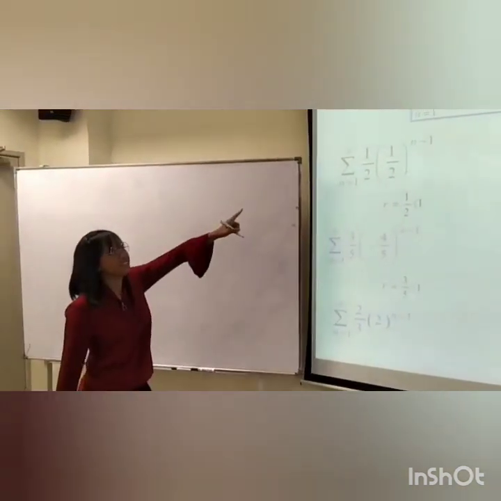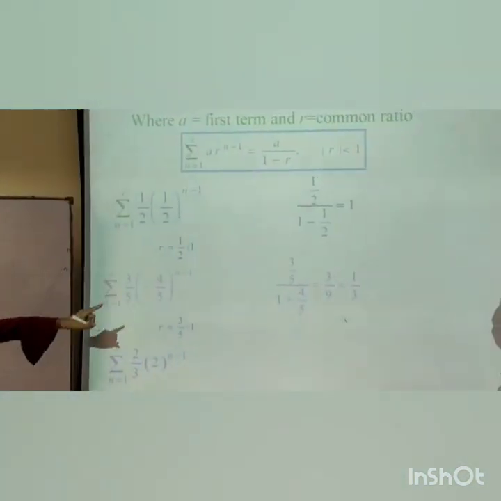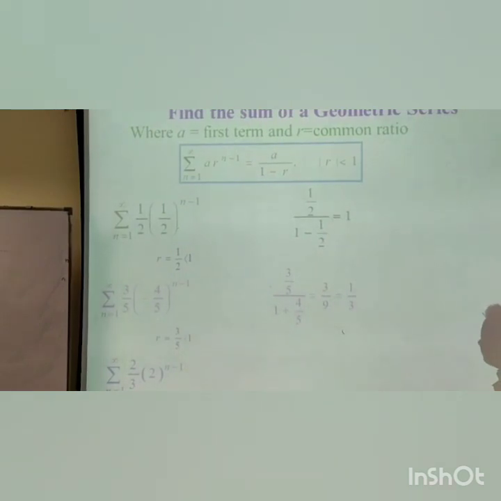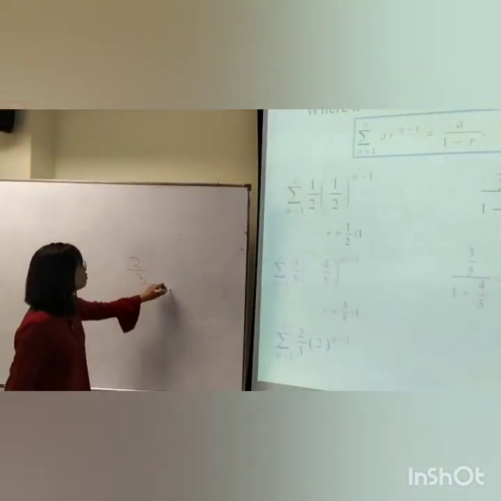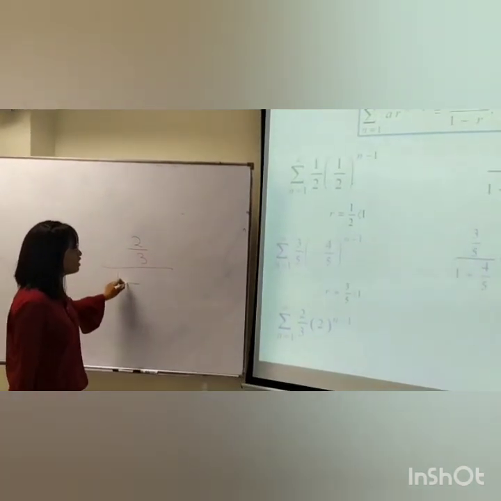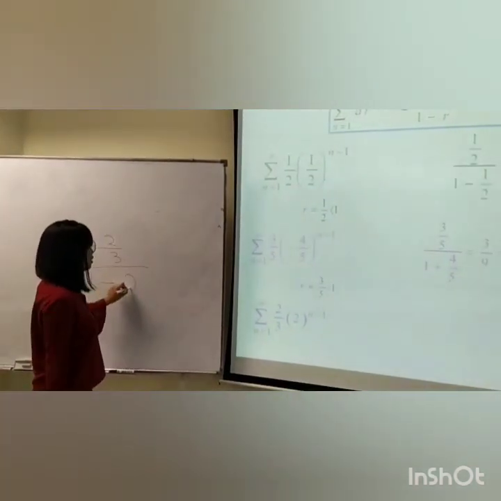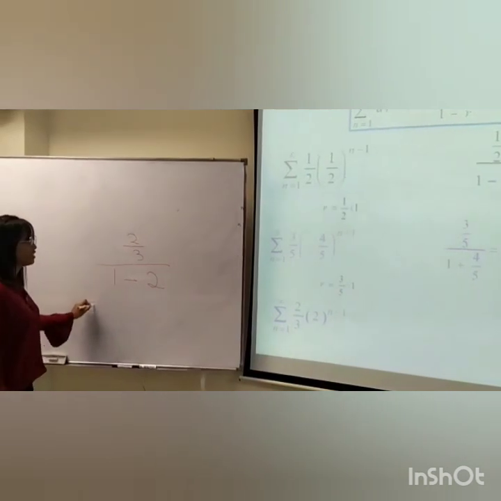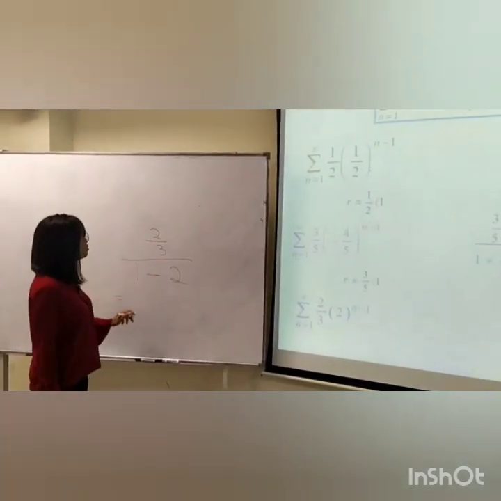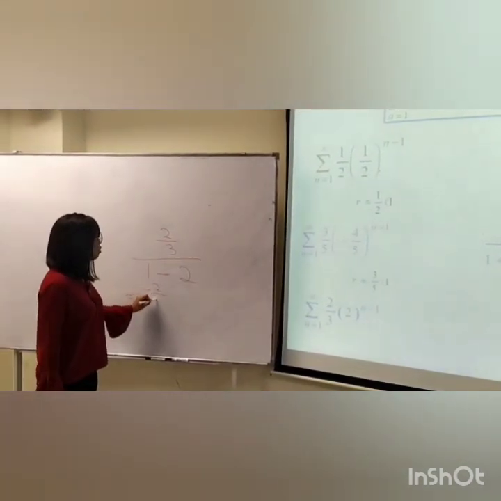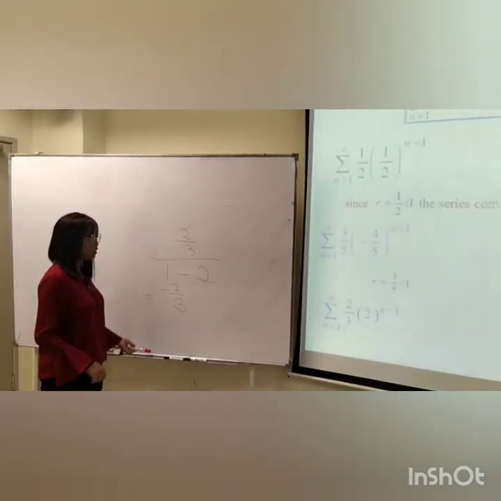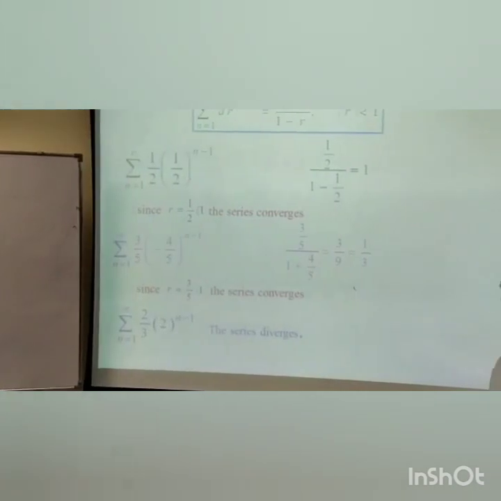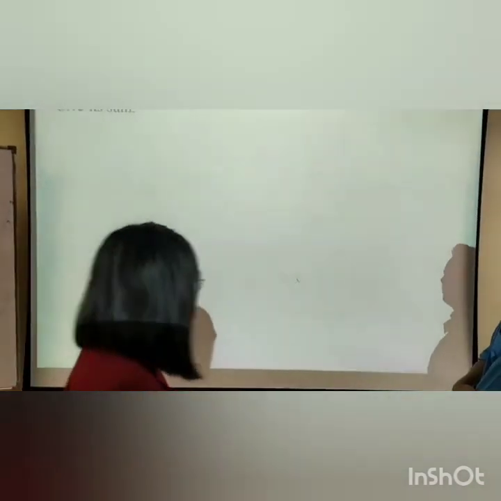So, according to the formula, it's a over 1 minus r. Hence, we just fill in the formula. Since a is 2 over 3, and r is 2, 1 minus 2, negative 2. Then the answer is the series diverges.